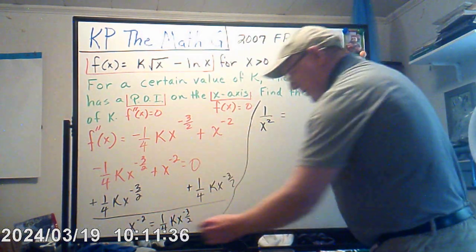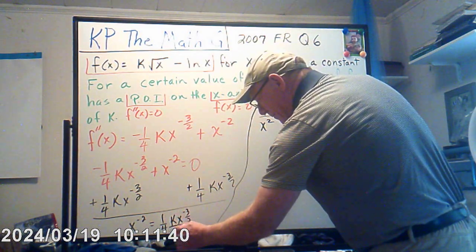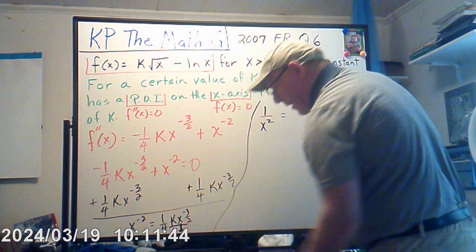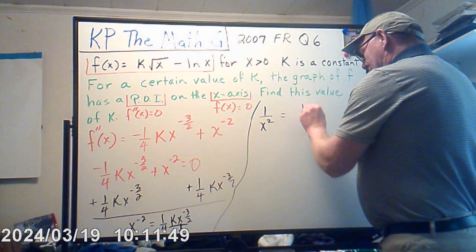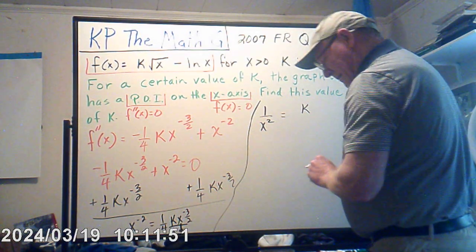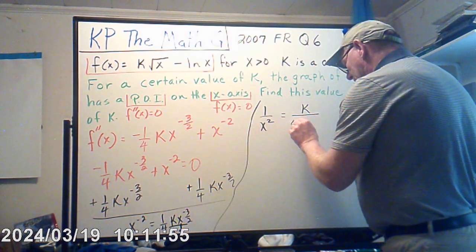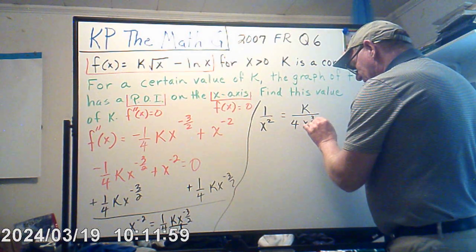The 4 is already in the denominator. The k is actually in the numerator. I can bring this down into the denominator like that. So I have k up here over 4 x to the positive 3/2.